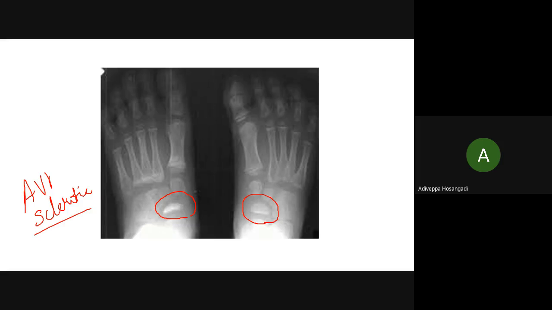You might be surprised, but you should know this. Avascular bone is more radiodense. It appears very dense on X-ray because there is no resorption, there is no vascularity. In normal bone, there is always resorption and deposition.